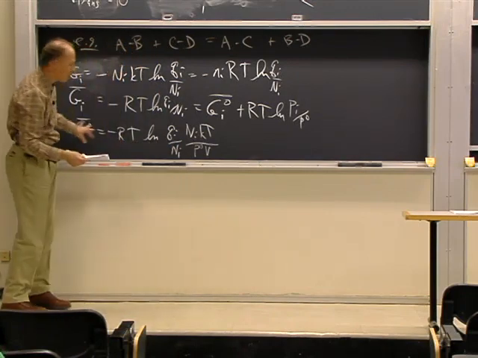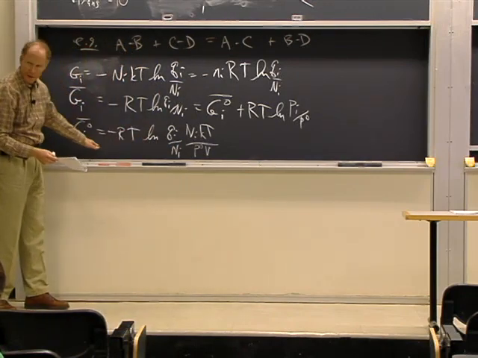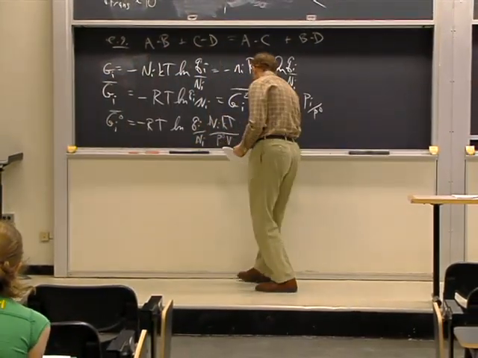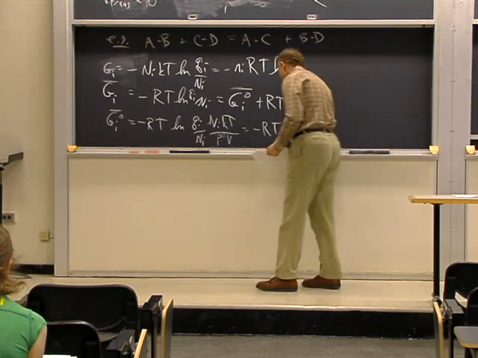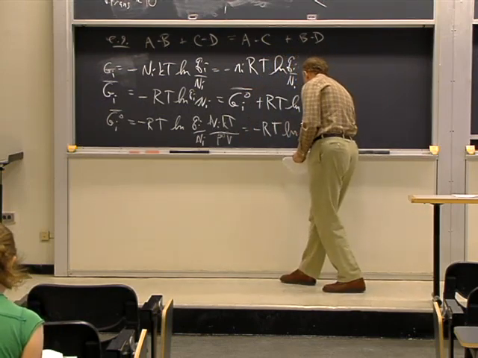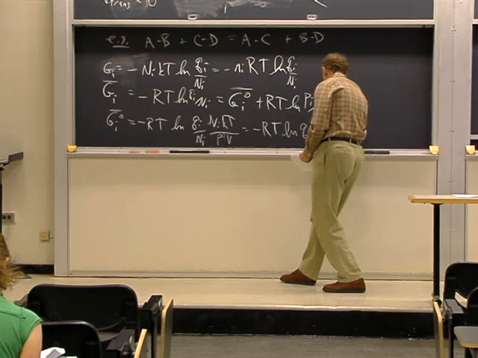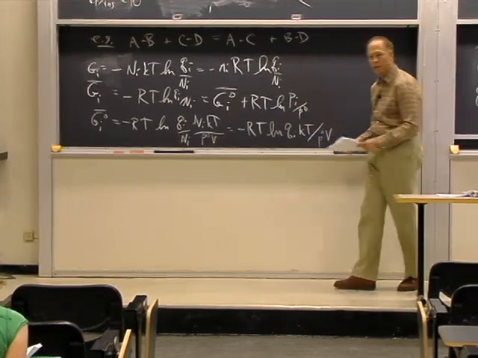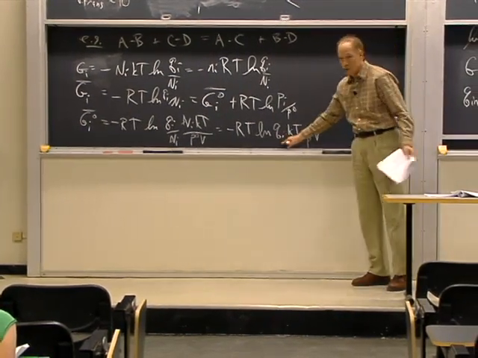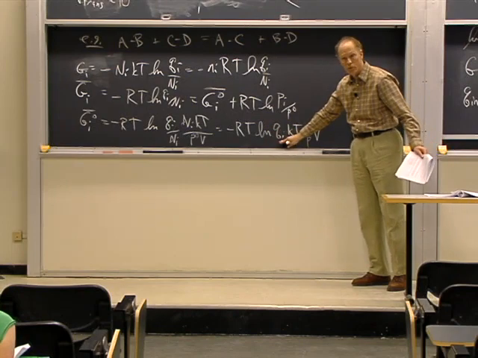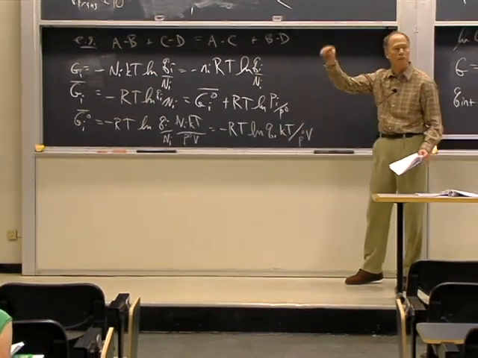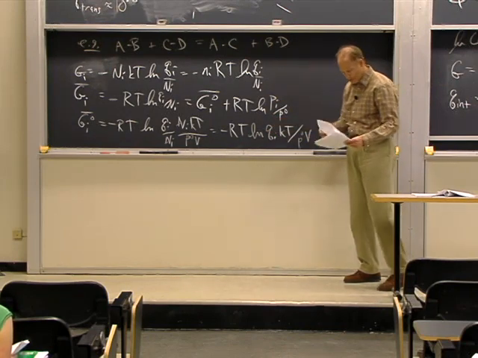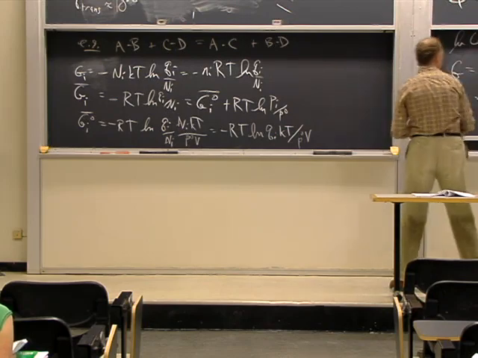So that's Gi naught for each one of the substances. The Ni's cancel. I've got minus RT log of Qi kT over P naught times V, right? Now, Qi is just the total molecular partition function. It's this product of Q trans times Q rotational times Q vibrational times Q electronic, right? And now I need delta G.